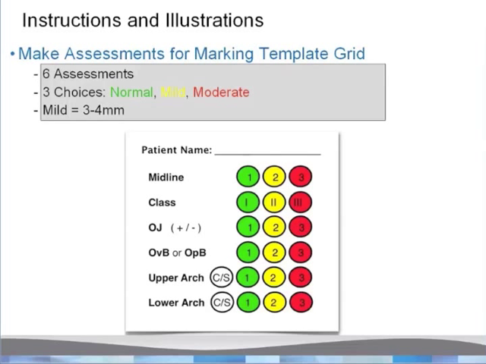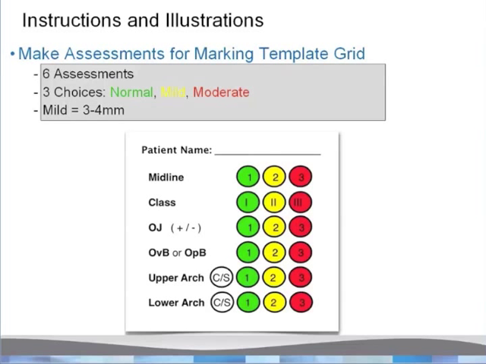And the easiest way to remember this and how to classify it is all of the mild classifications, the yellow, are built upon the same degrees of average or normal that you find in measuring periodontal pockets.